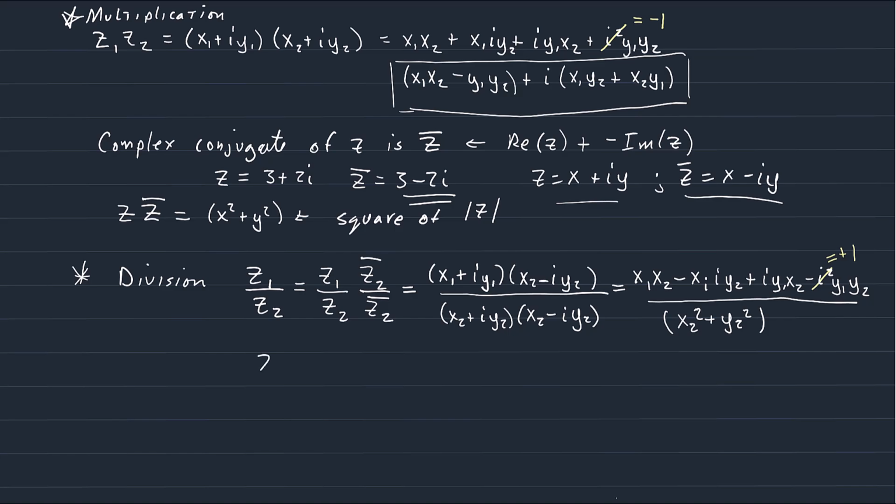So we write the final form of the quotient by collecting all the real parts. That's x1, x2 plus y1, y2 all over the denominator.